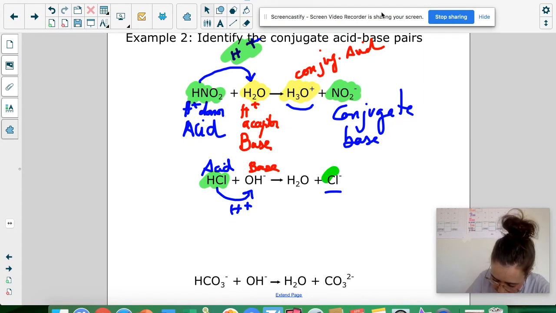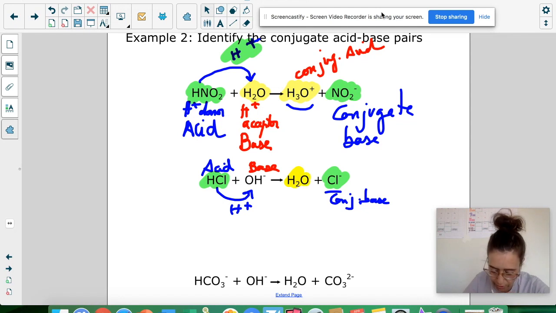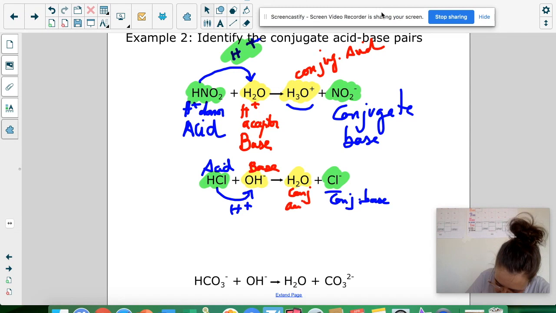So this is going to be the conjugate base of the HCl. And when the OH gains that one proton, it becomes water. So in this case, the water is going to be the conjugate acid of the other base. So the water is going to be the conjugate acid of the base.